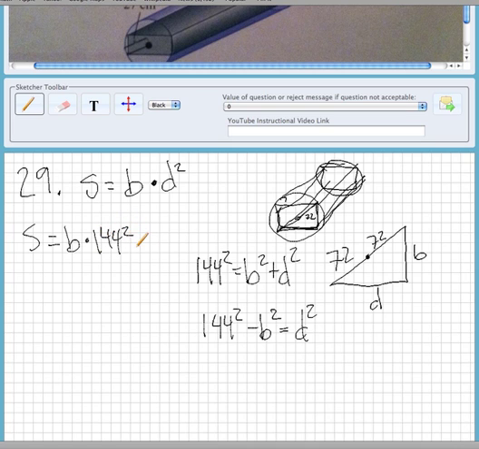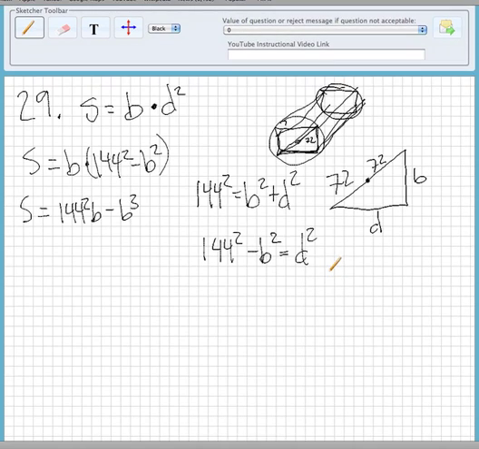144 squared minus b squared. Then we're going to distribute that b, so it's 144 squared b minus b cubed. And then to do this problem, we're going to maximize this. So what we want to do is we're going to take the derivative of the strength function right here with respect to the breadth.